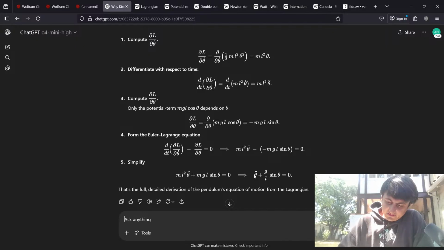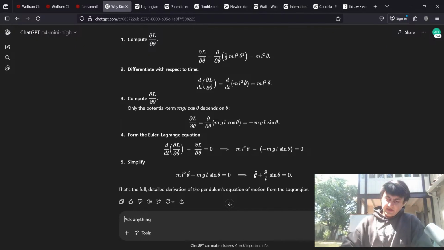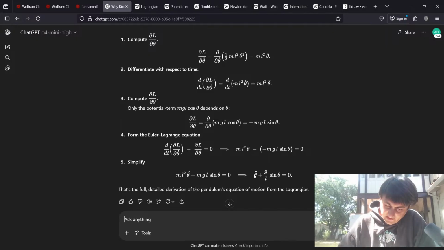And y1 is equal to minus L1 cos theta 1 of t. x2 is equal to x1 plus L2 sine theta 2 of t. And y2 is equal to y1 minus L2 cos theta 2 of t.